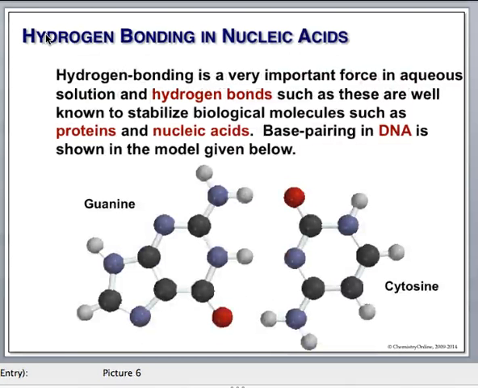If you look up here, we have an NH. Well, the electronegativities of nitrogen and hydrogen are different. So this is polarized. This is the positive end. Here's an oxygen. We can form one hydrogen bond there. In the middle, this nitrogen has a lone pair of electrons, doesn't it? This is another NH. We can form a second hydrogen bond right here.